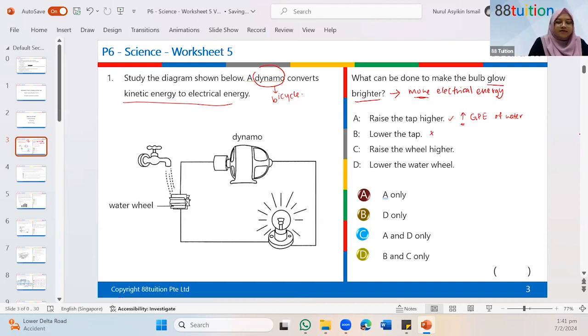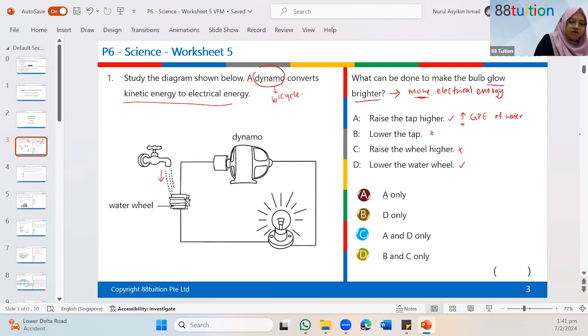C, raise the wheel higher. Raising the wheel higher means that when the water falls, it will hit the water wheel earlier. That will not lead to more energy because the distance between the water wheel and the tap is smaller. This will lead to a decrease in the amount of kinetic energy.